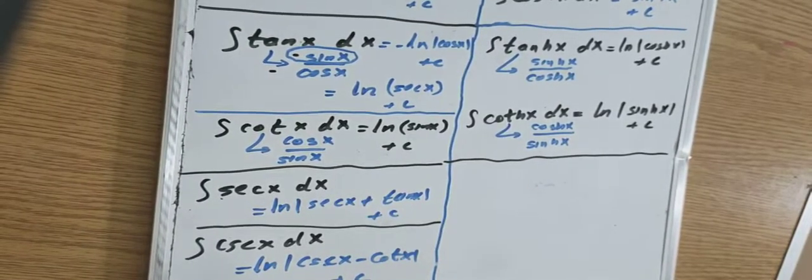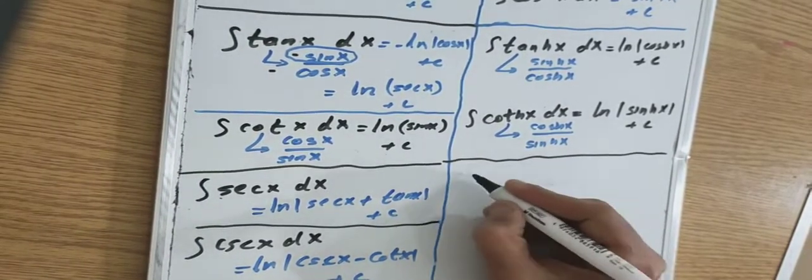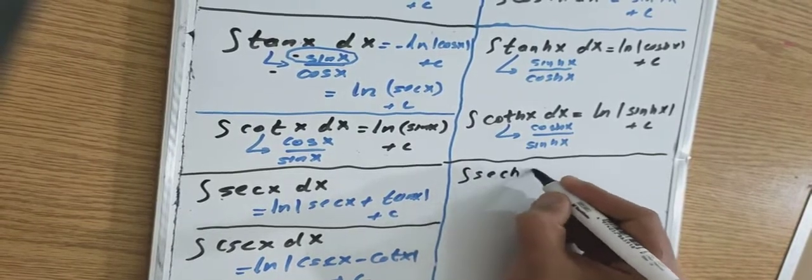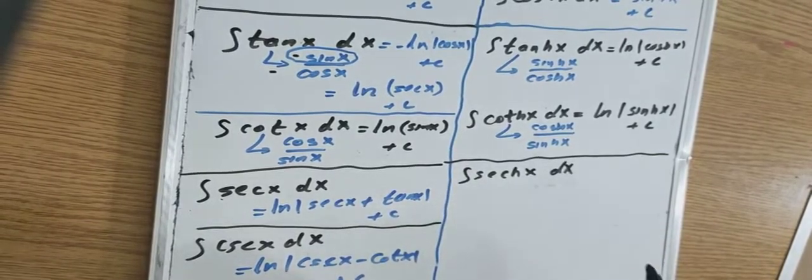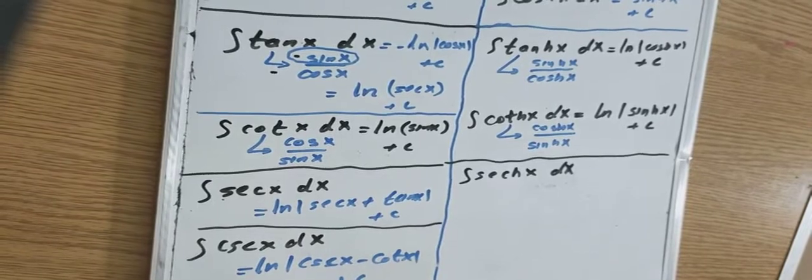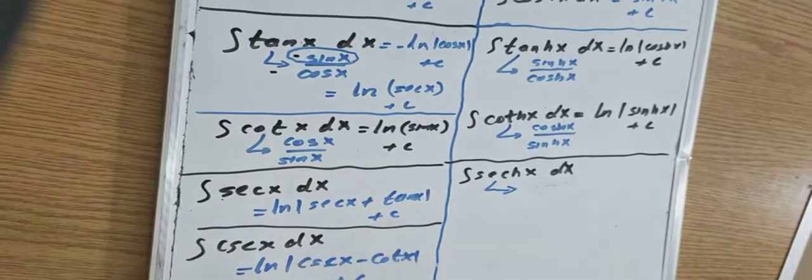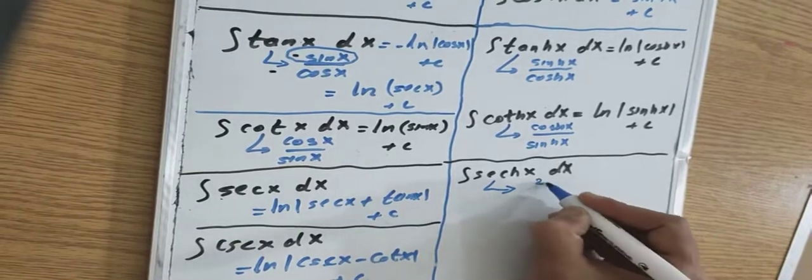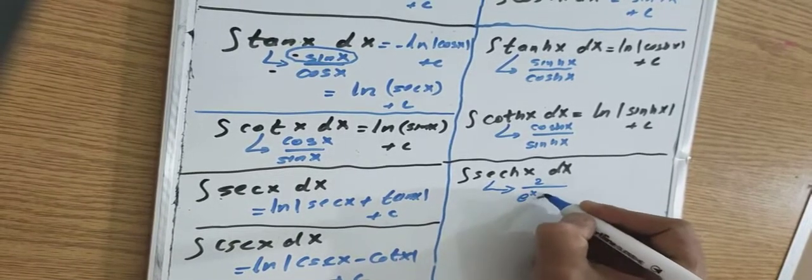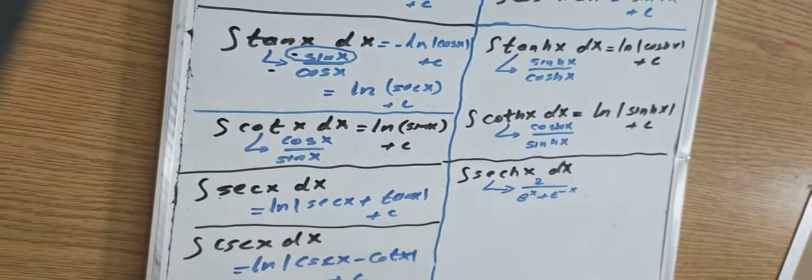Again, the integration of sec and the integration of cosec. Sec x, its definition is 2 over e power x plus e power negative x. Sec is the reciprocal of cosine.